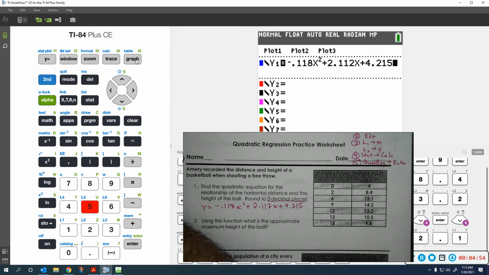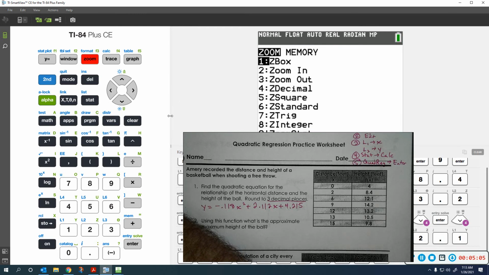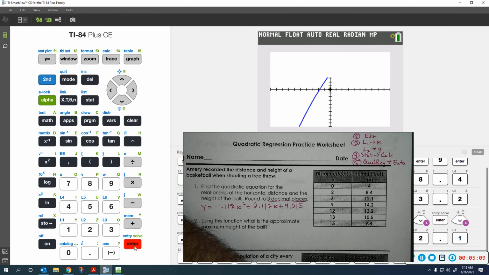And then we'll hit graph. Now, you see, we cannot see our graph yet, so we're going to have to zoom out. So if you go zoom and number 3, zoom out, push enter one time to zoom out once. So our vertex is somewhere over there.